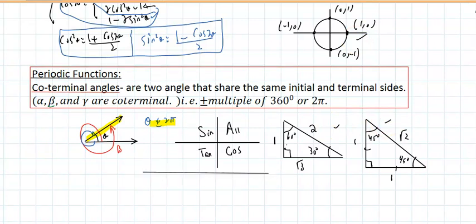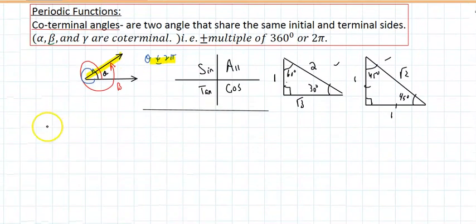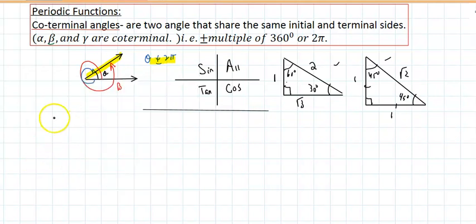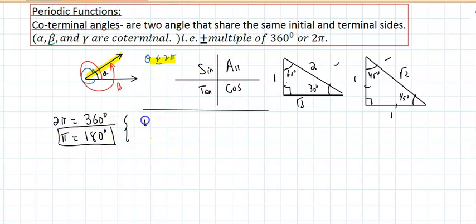And the magic number is that if you rotate one full revolution around the circle, that's 2 pi radians, and that's also 360 degrees. If you divide by 2, this is the magic ratio: pi radians equals 180 degrees.